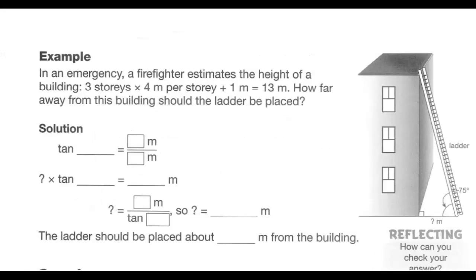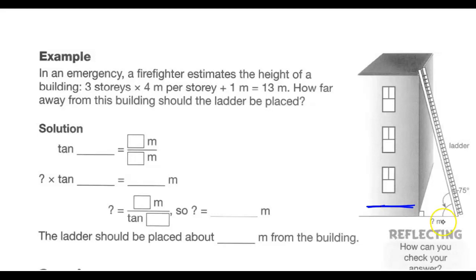Okay, so let's look at the example here. It's got a ladder. It says in an emergency, a firefighter estimates the height of a building, 3 stories times 4 meters per story, plus 1 meter, probably the bottom here, equals 13. How far away from this building should the ladder be placed?